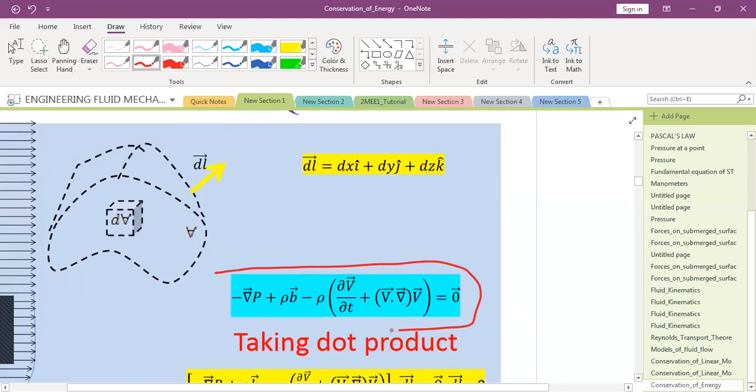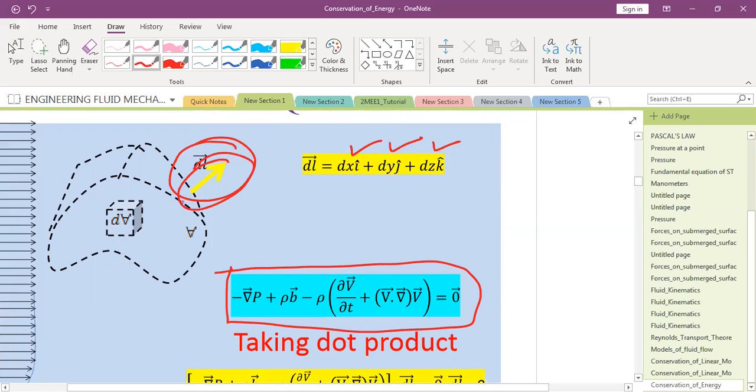This is force per unit volume. I am taking the dot product of this force per unit volume with this displacement vector dl, that is given as dx i plus dy j plus dz k. So I am arbitrarily choosing a direction in which I am assuming a differentially small displacement due to this differentially small force. Are you clear? Any doubts to anyone?